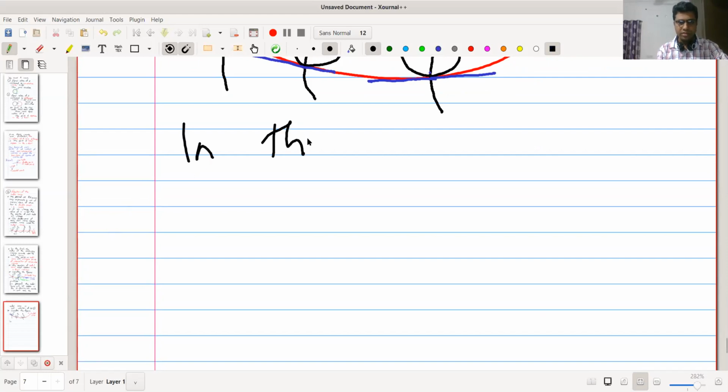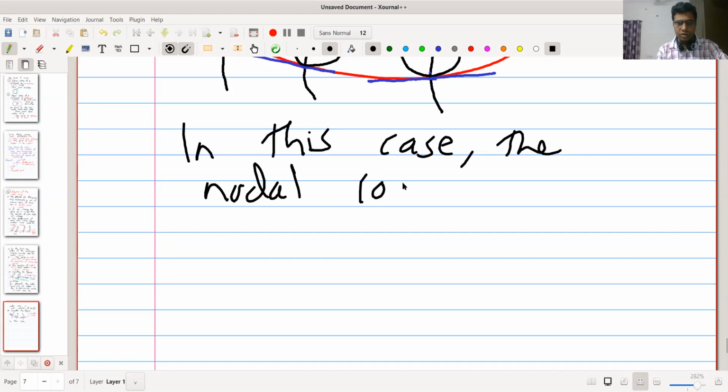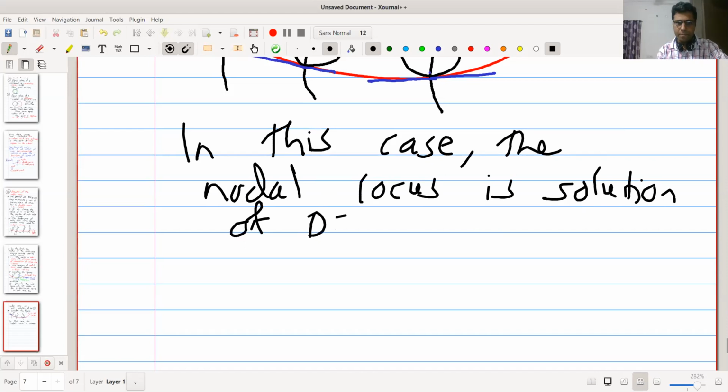In this case, the nodal locus is solution. In fact, it is envelope. So it appears in C discriminant as well as P discriminant, and it forms solution.